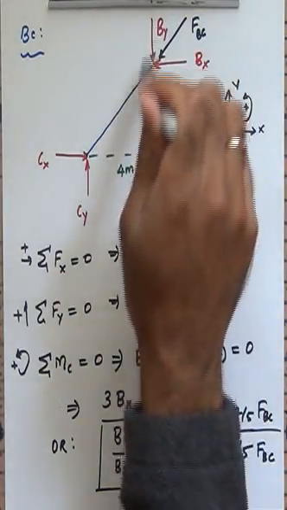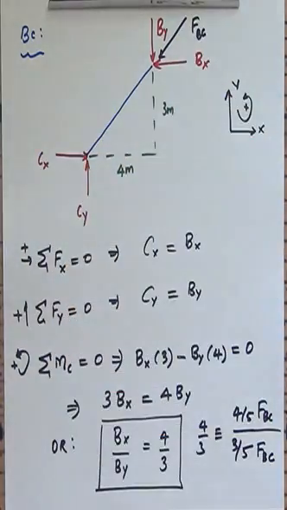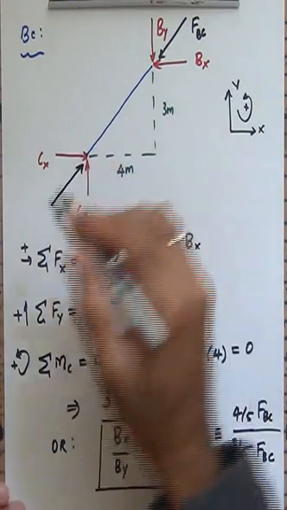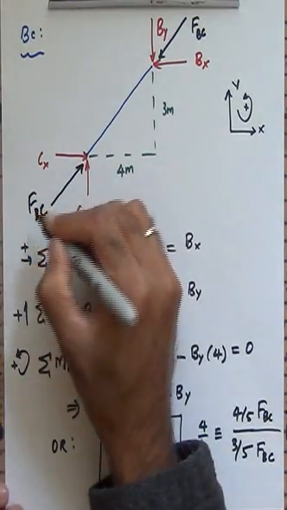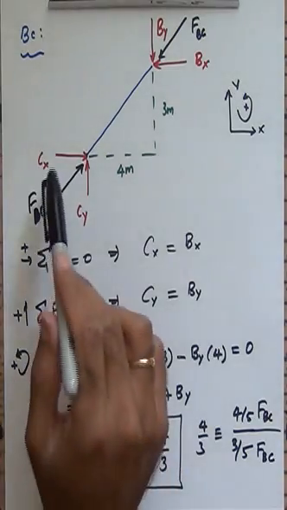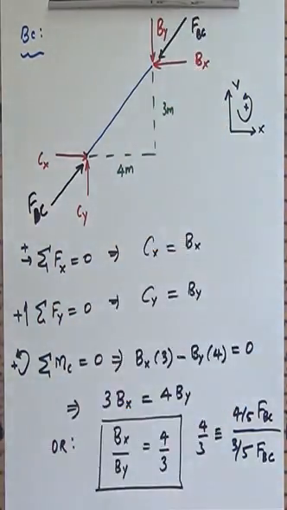And you see, since Bx and By are the same as Cx and Cy, the resultant of Cx and Cy should also be the same as the resultant of Bx and By, and as a result, I'm going to have an FBC here as well. And you see that instead of drawing the force Cx and Cy, instead of drawing the force Bx and By, I can just draw the force FBC, and I'll be done with this problem.